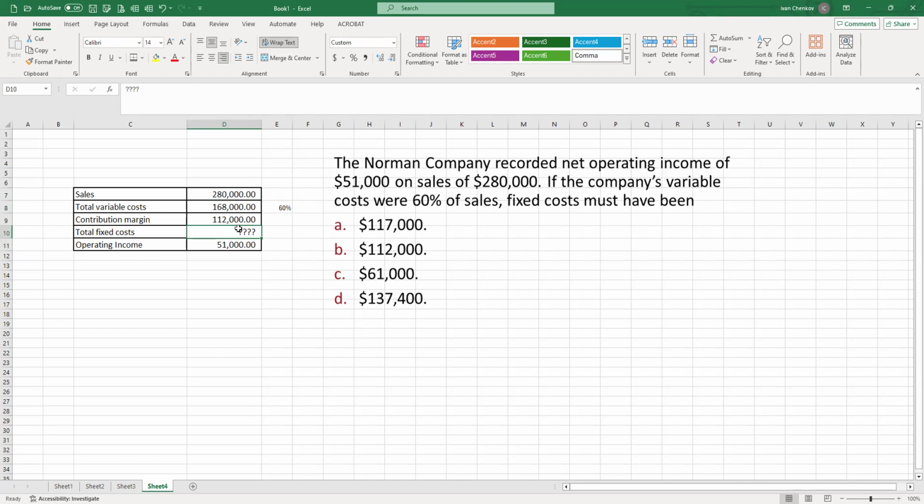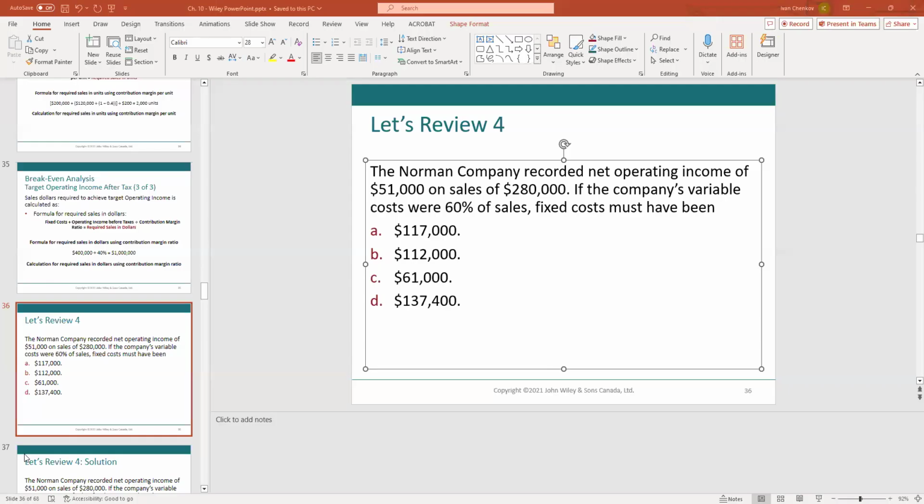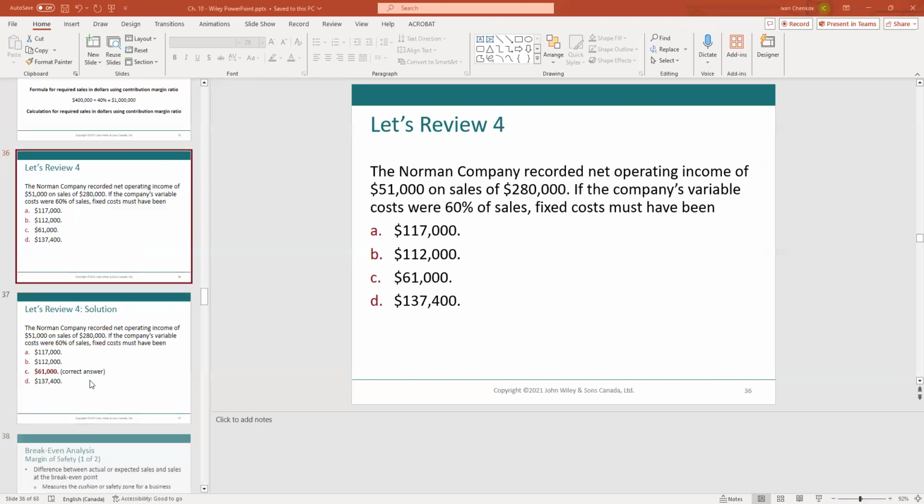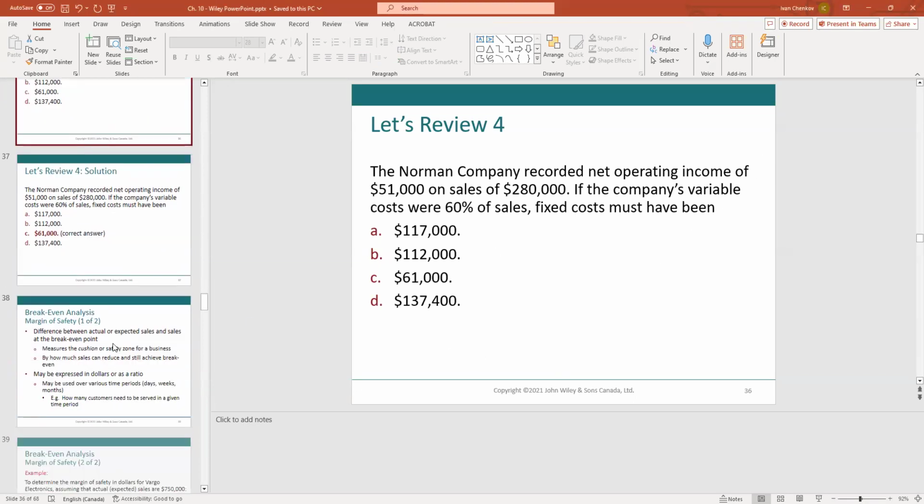Can I get my fixed cost? This one minus that one, I'm going to get my fixed cost. 61,000. Make sense? Yes. All right. Let's see if that's the correct answer and move on. It should be the one, right? There we go. That's the one.